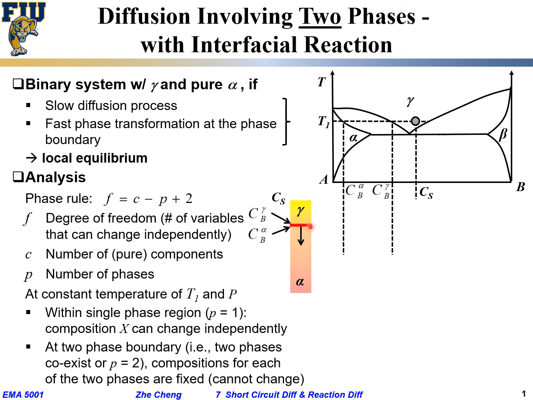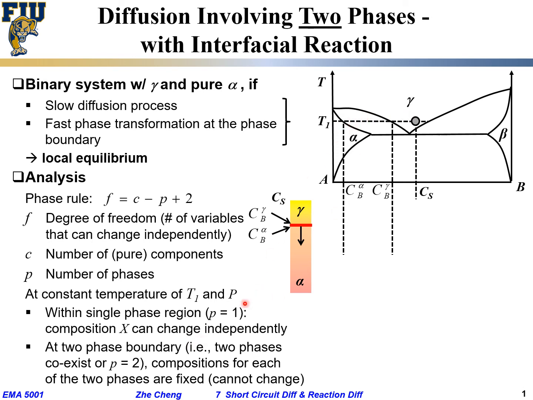Which means locally I would have P equals what? 2. Based on our phase rule, C is still 2 because binary. P is 2, so 2 minus 2 plus 2. Totally, we only have 2 degrees of freedom. But then we said we are looking at a fixed temperature, because we are doing our diffusion at a given temperature of T1, right?